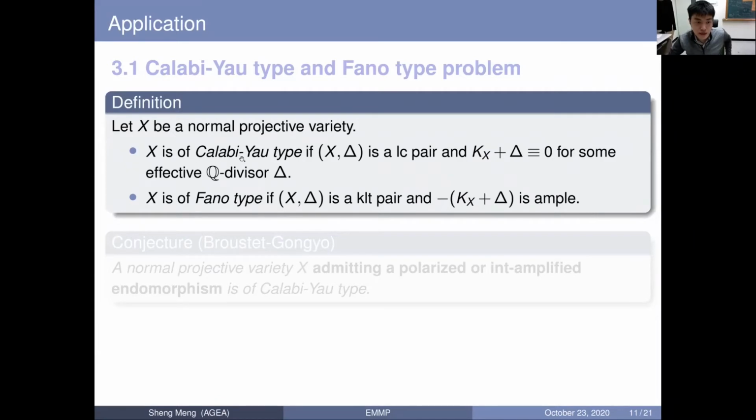Recall that X is of Calabi-Yau type if there is a pair which is log canonical, and K_X plus Delta is numerically trivial. And indeed, by Gongyo's abundance result, you can replace this by Q-linear equivalence. And X is of Fano type if the pair has KLT singularities, and minus (K_X plus Delta) is ample.